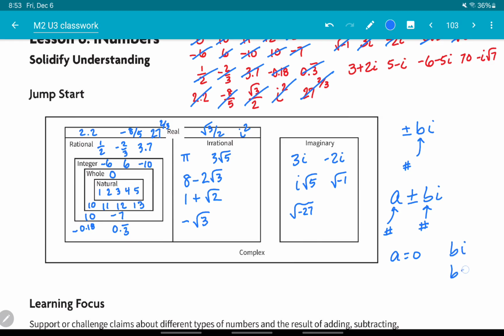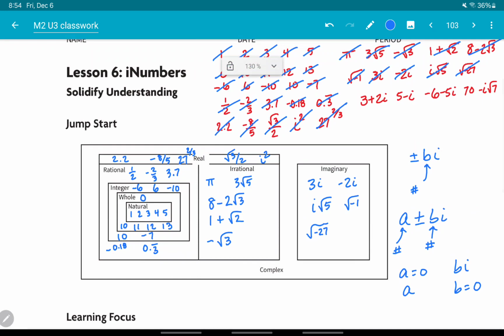And if your b value is 0, then the imaginary part cancels out, and then you just have a number like a. So a complex number could look like 5 minus i, could look like -i square root 7. This would be an example of where the a part canceled out.